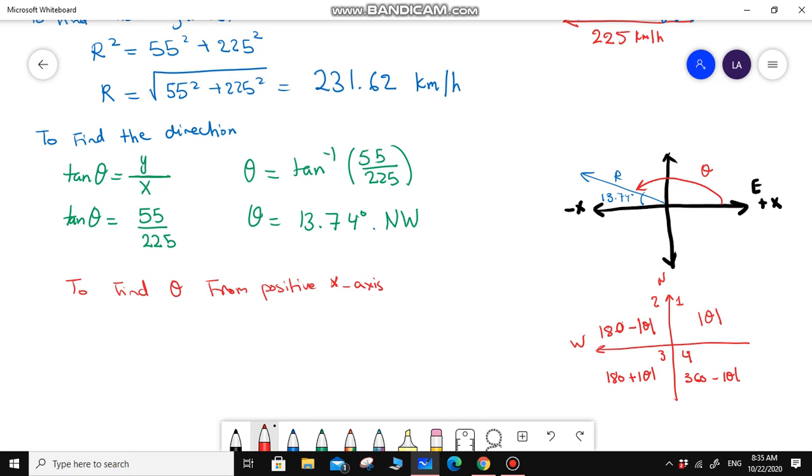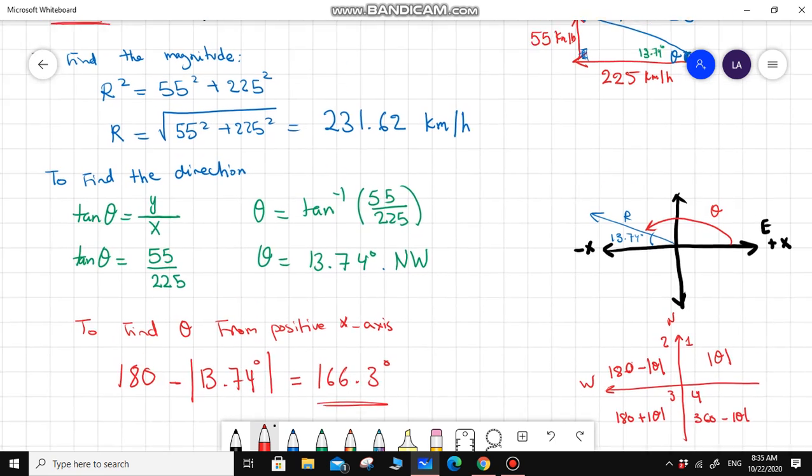So what will I do to find theta from the positive x-axis, the red theta here on the sketch? I will be applying this rule, which I like to call the quadrant rule, and I will say 180 minus theta that I got from the tan, theta inside the triangle, 13.74 degrees, and you will get the angle directly as 166.3 degrees from east or from the positive x-axis.